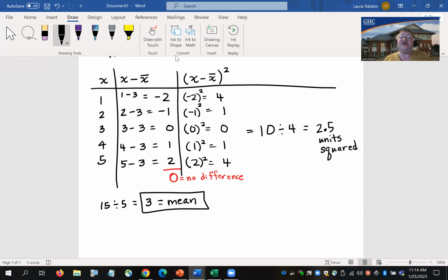But with the advent of technology, some of that is now programmed into the technologies and we don't have to use it. So you don't see z-scores used as often anymore. But again, the whole intent is if you have different measurement scales, you want to be able to make comparisons.